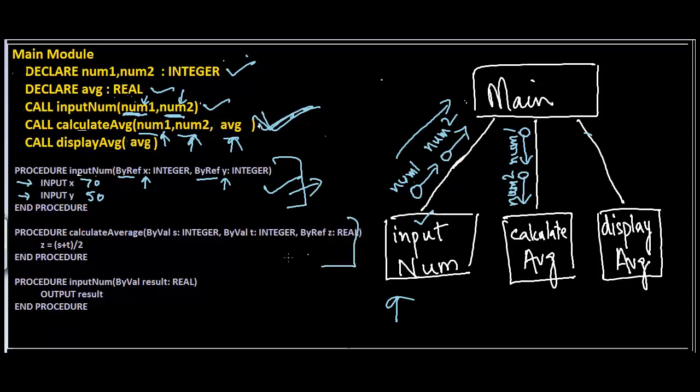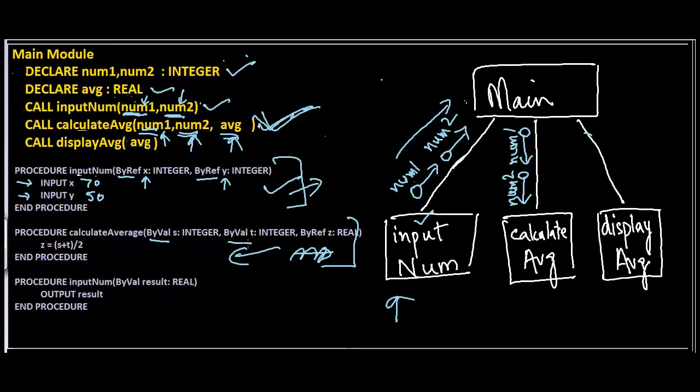Okay, now let's take a look at this procedure which has now been called. Is this procedure going to modify the value of num1 or num2 or avg? As we can see, num1 has been passed by value and num2 has been passed by value.